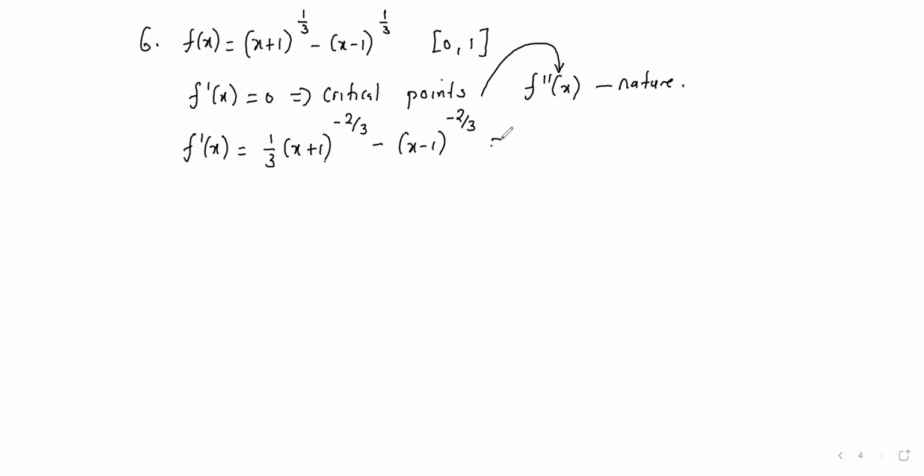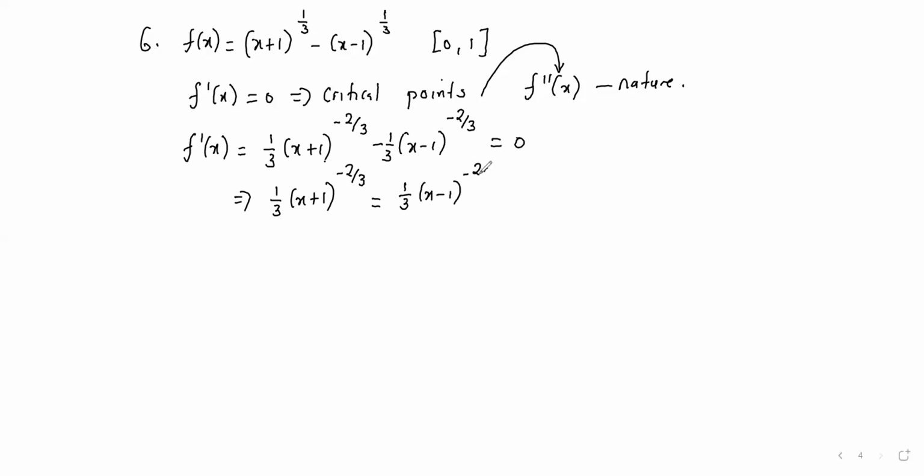And then equate this to 0. Of course, here it's 1 over 3 as well. So if we multiply, we're having 1 over 3 (x plus 1) to the power minus 2 over 3. We take the other one to the other side.